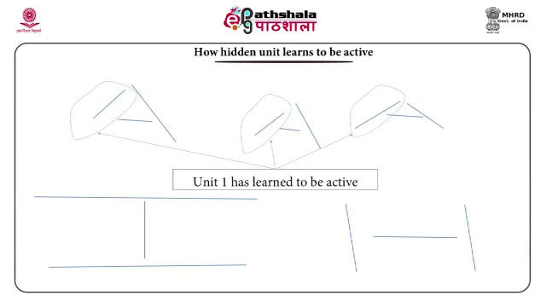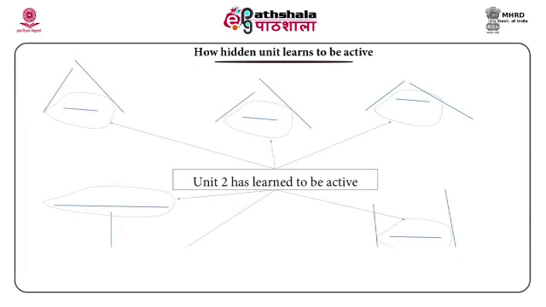Well, the next slide talks about how a hidden unit learns to be active. For example, I have 3 inputs A, I and H, and I am showing 3 different images of A, but 2 images each of I and H. Okay. So, there is a unit 1 which learns to be active when one slanting line going up from left to right is present in the image.